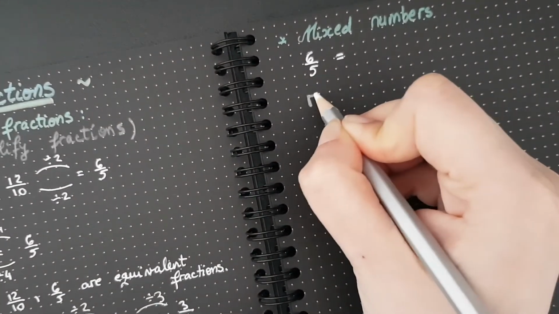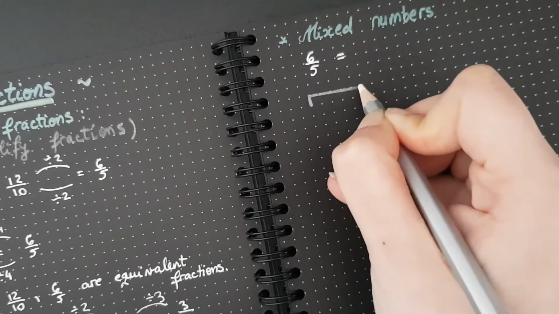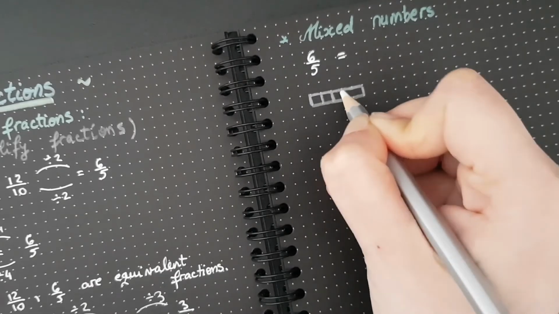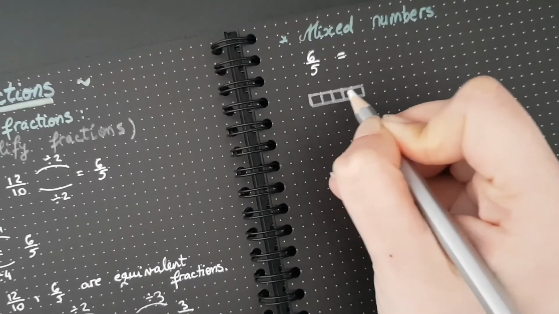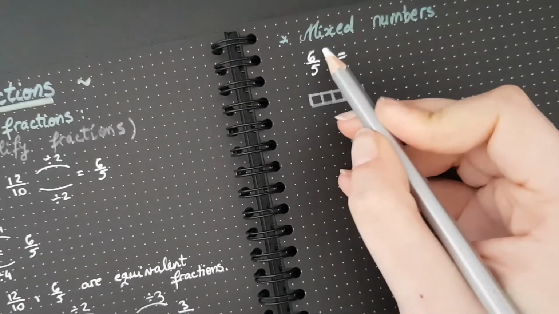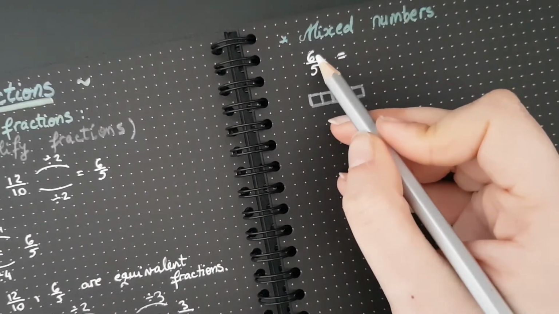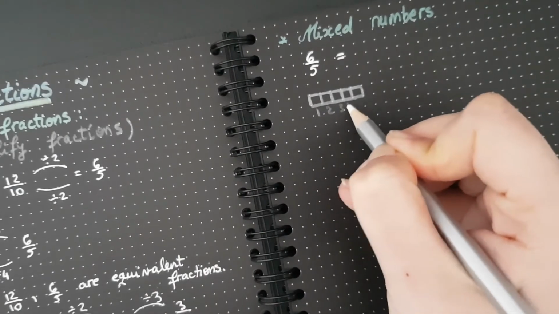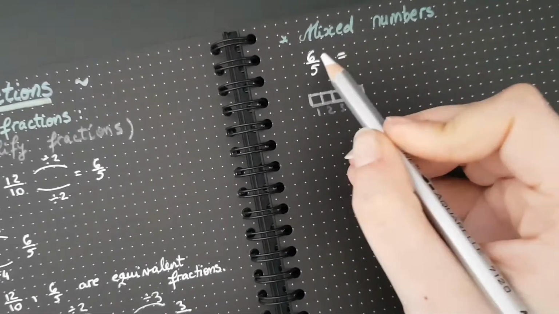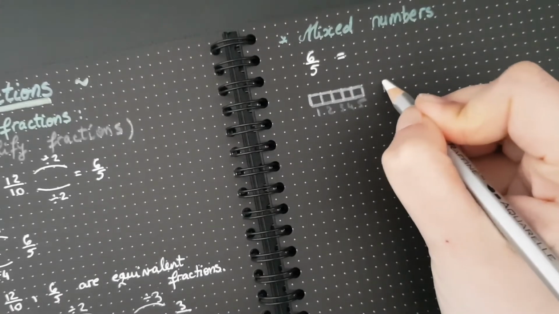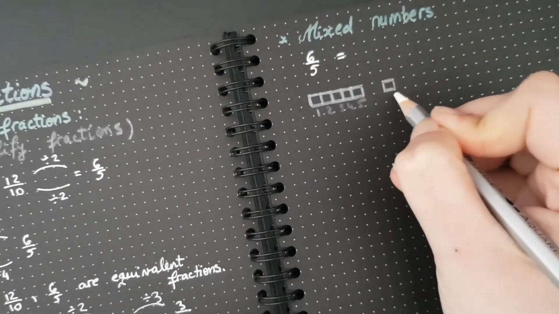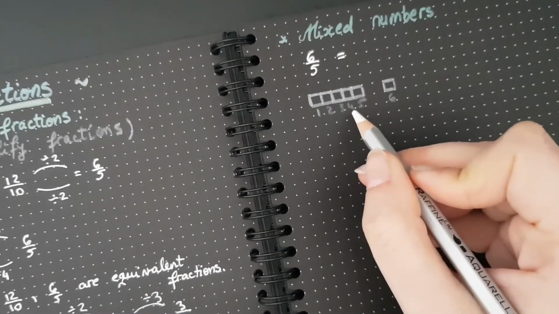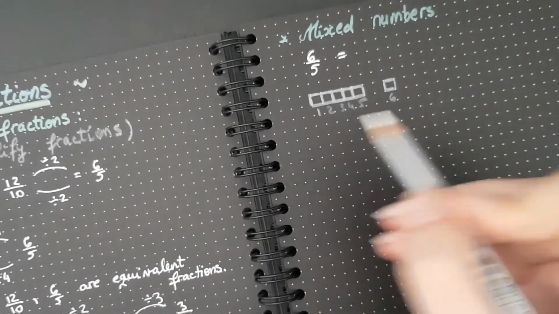So let's say I have this rectangle that I've split into 1, 2, 3, 4, 5 parts, and my fraction says I need 6 of them. So I've got the 1, the 2, the 3, the 4, and the 5, but it tells me there's another 1. So I actually have another little square completely outside of that to get 6 parts. So that's what it means.